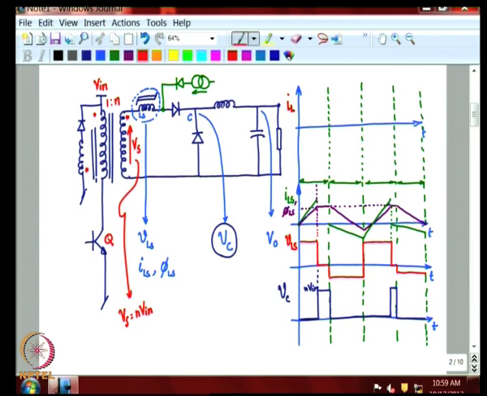So, the current through the inductor is going to flow in this fashion.